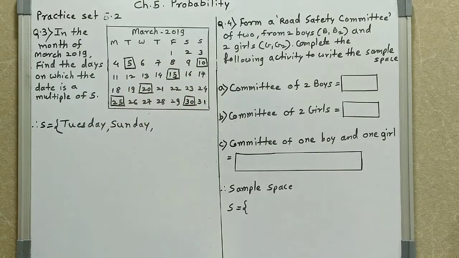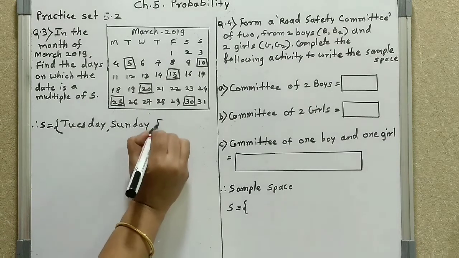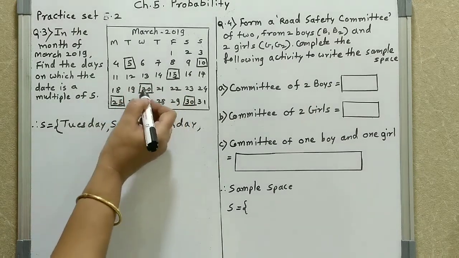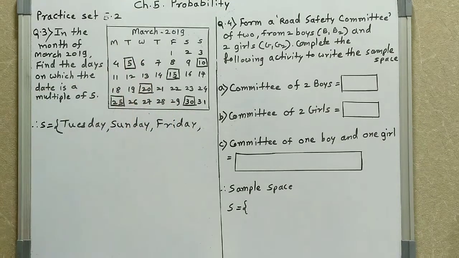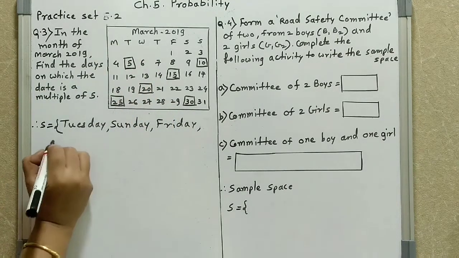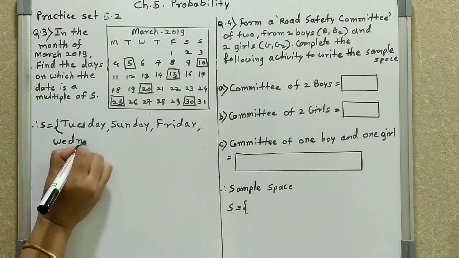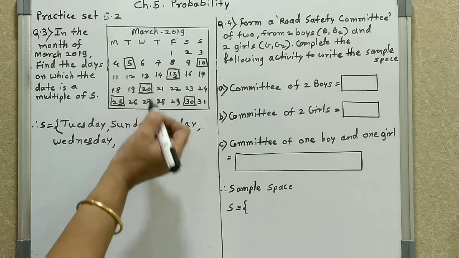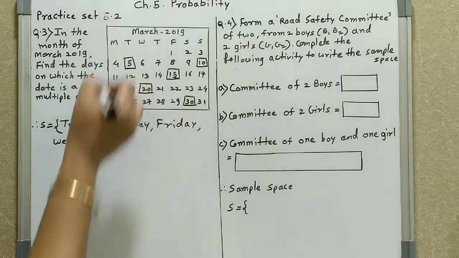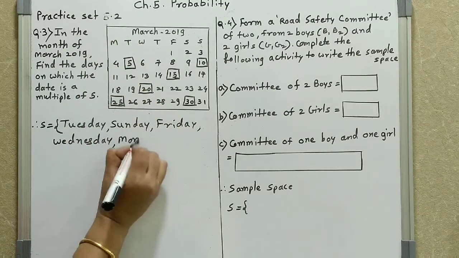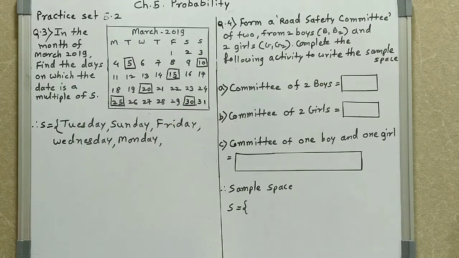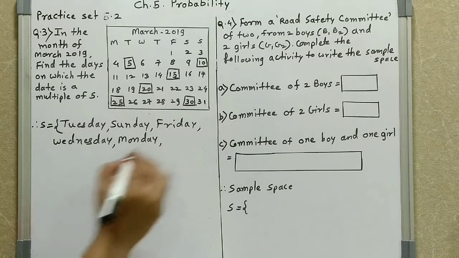That is a Friday. Then next 20, that is a Wednesday. Then next 25, Monday. And last 30, that is Saturday.